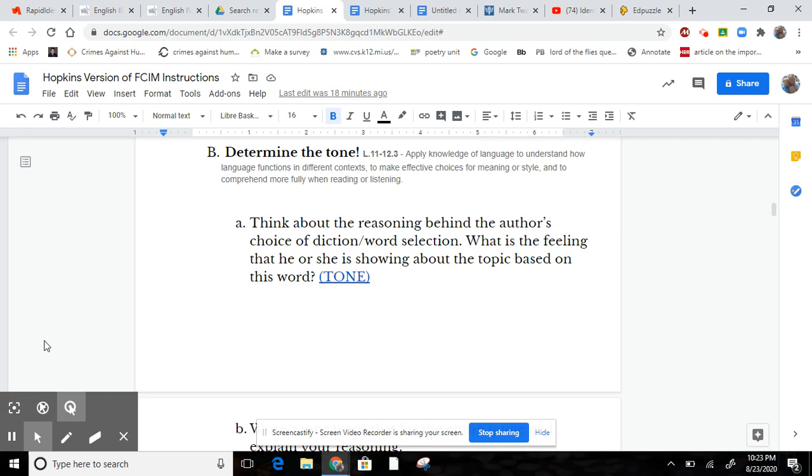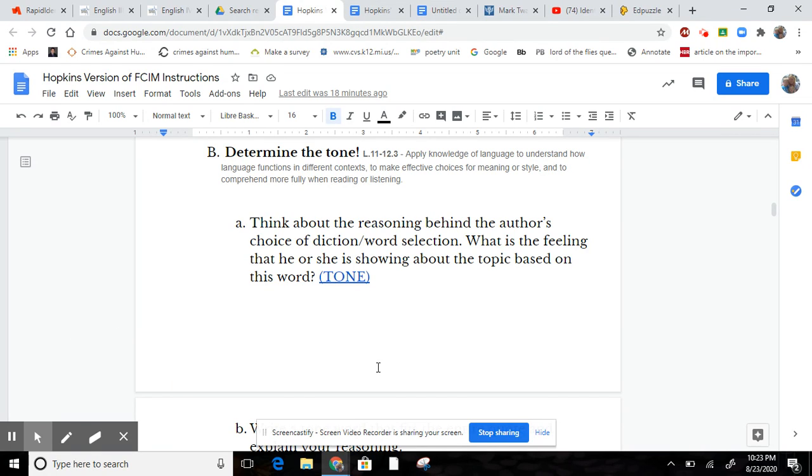Okay, let's go to part B of our bell work each day. We're going to look and try to determine the tone. So think about the reasoning behind the author's choice of diction, their word selection. What is the feeling that he or she is showing about the topic based on this word?